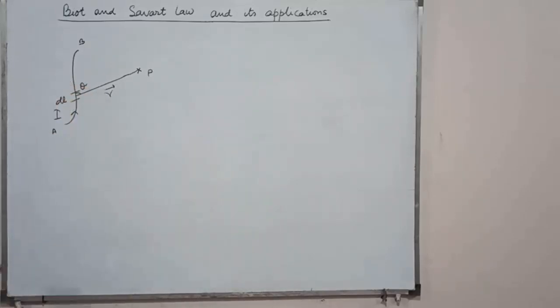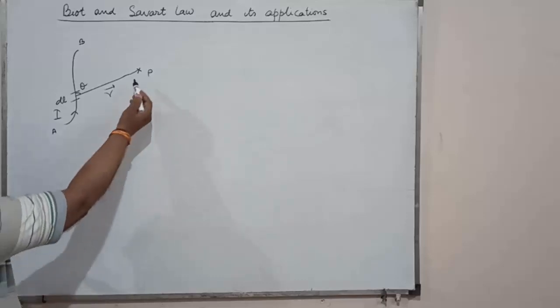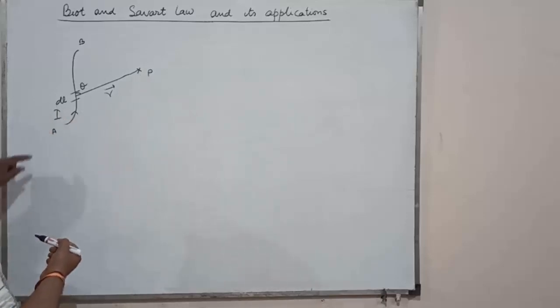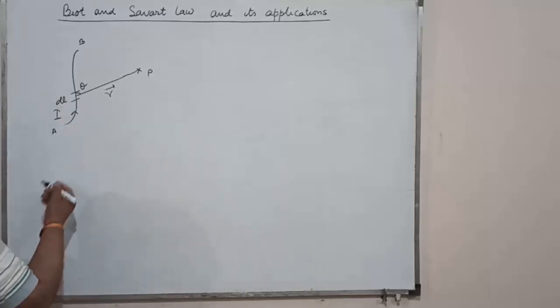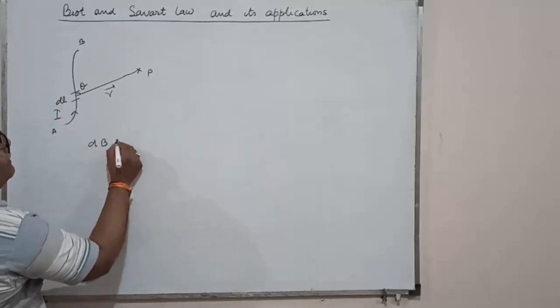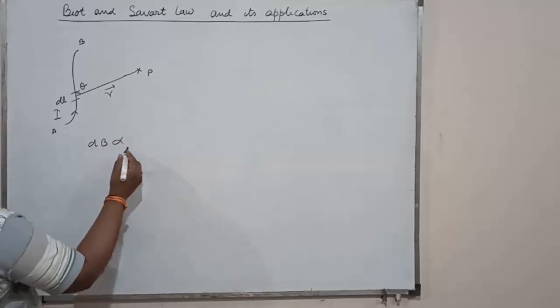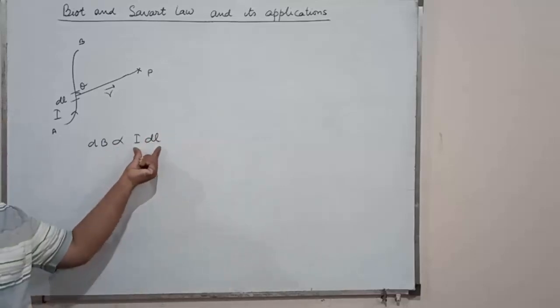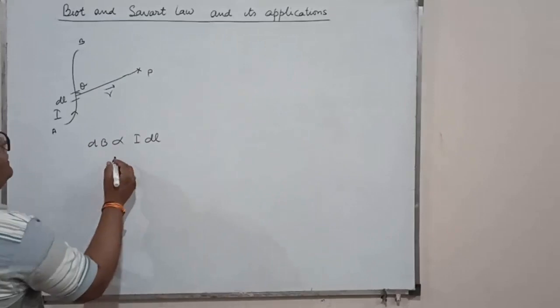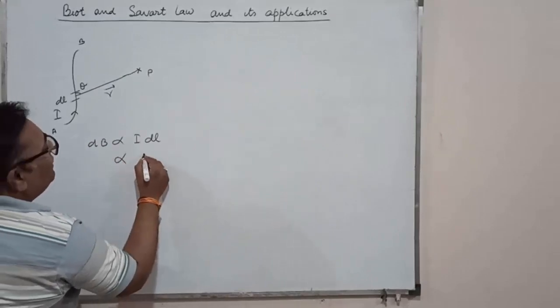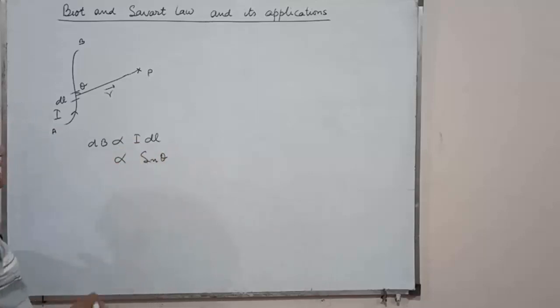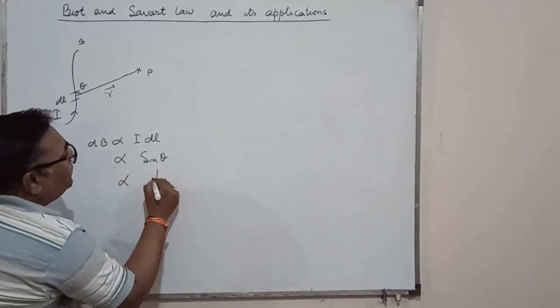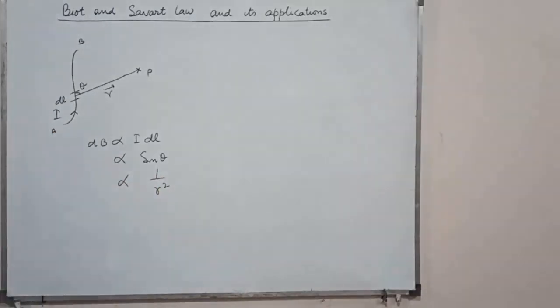Then the magnetic field intensity at the point P due to the current element Idl, this is dB, is directly proportional to Idl. Idl is called the current element. It is directly proportional to the sine of the angle between dl and r, and inversely proportional to the square of the distance between dl and the point P.